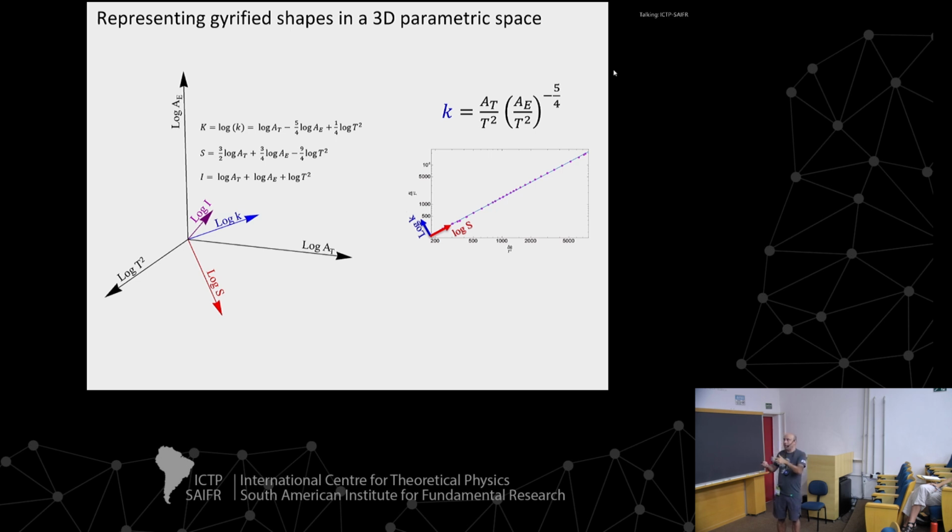If you express the normalized k, s, and I, expressing a point or a set of points, a set of cortices, in the original variables or the new variables is simply a rotation. A rotation in three-dimensional space. You have a base, you have another base. One is more convenient than the other depending on the problem you want to solve.